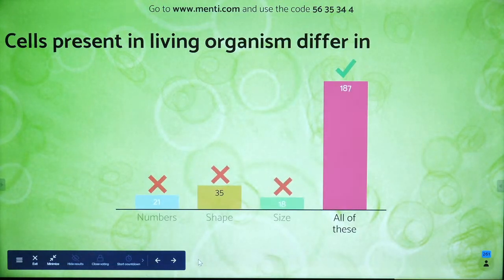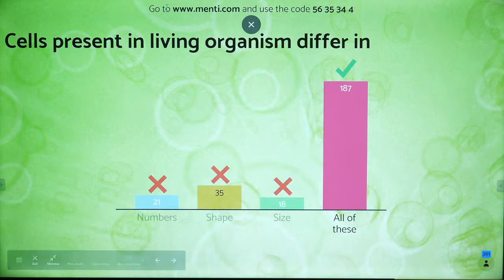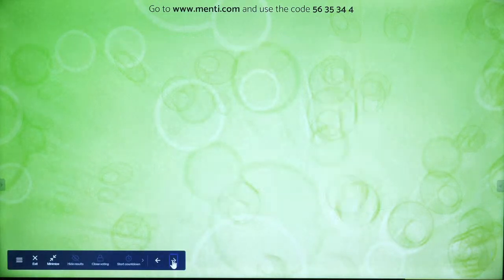See guys, some organisms are unicellular, some organisms are multicellular. Some cells are spindle shaped like the muscle cells, some cells are long in shape like the neuron. Some cells are very big like the female ovum, some cells are very small like the male sperm, right? So cells differ in number, shape and size.